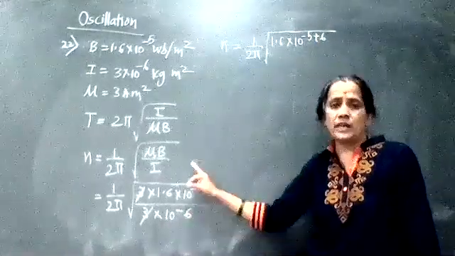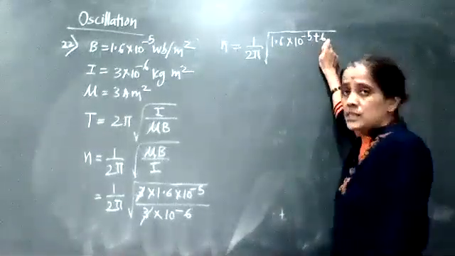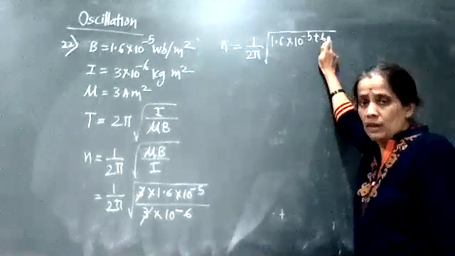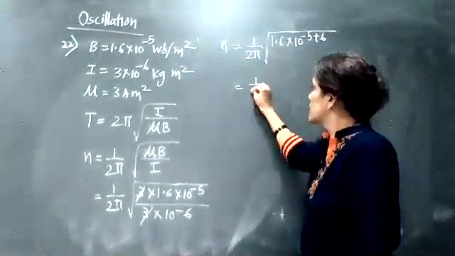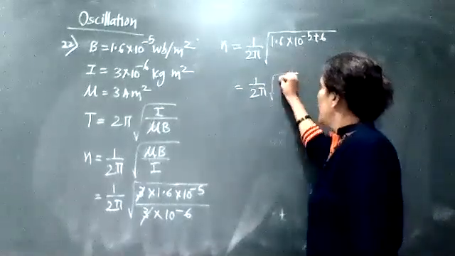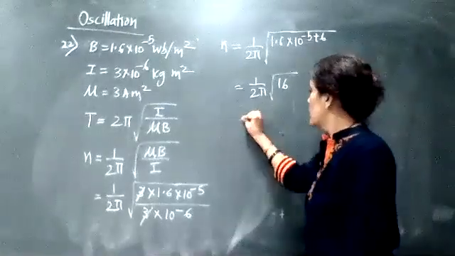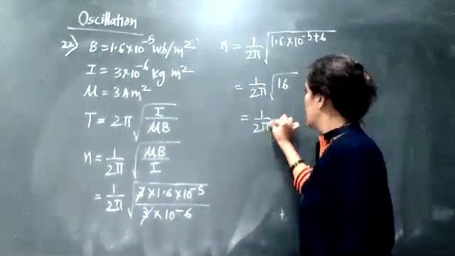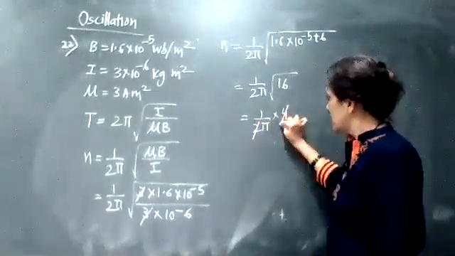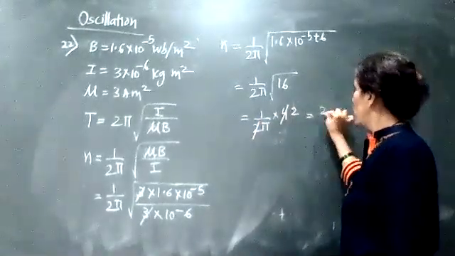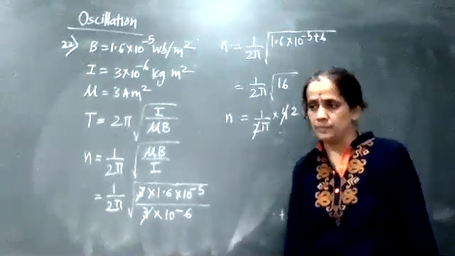Minus 5 plus 6 means it is 10 raised to 1, multiplied by 1.6 means it is under root of 16, which is 4. Therefore I get 1 upon 2 pi into 4, which becomes 2 upon pi. That is nothing but the frequency.